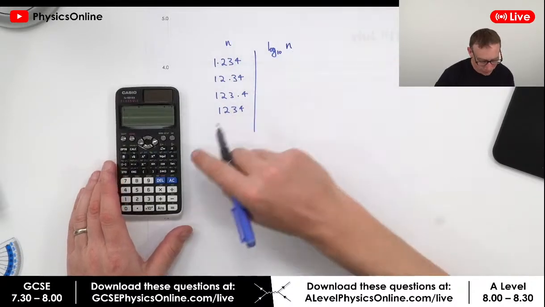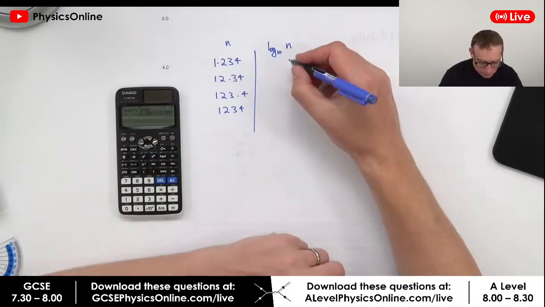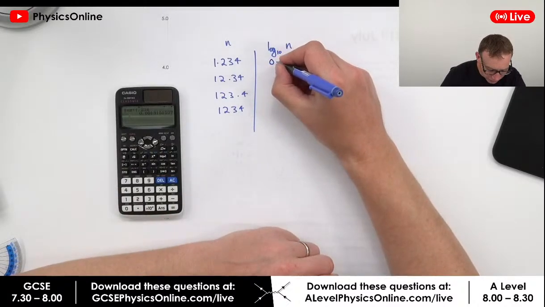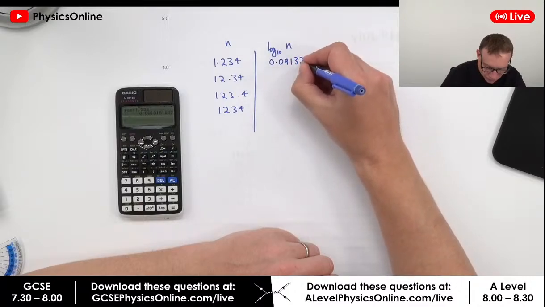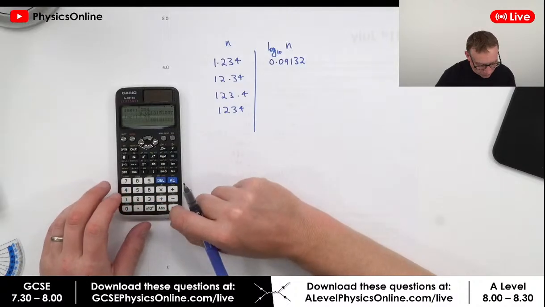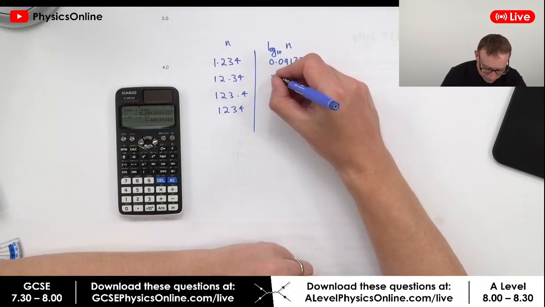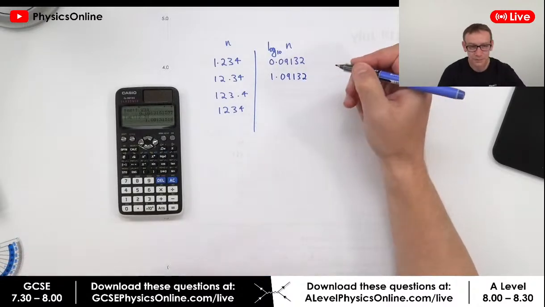If I take the log of 1.234, it is 0.09132. If I take the log of 12.34, the answer is 1.09132.